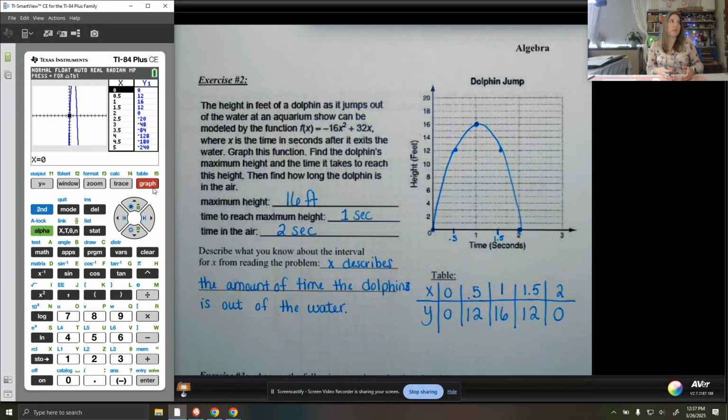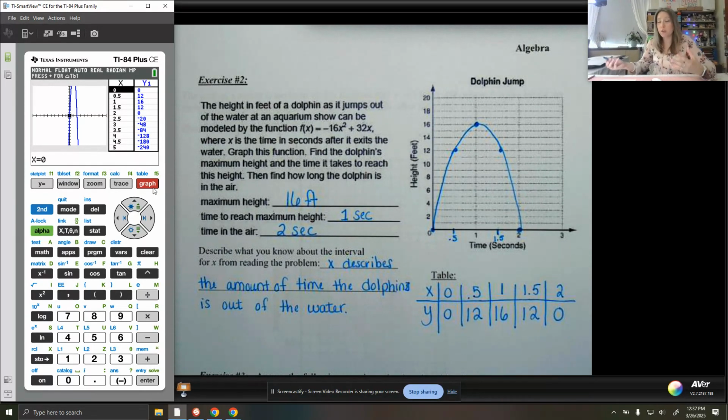In questions like this, it's important to note that what is happening in the problem needs to be directly addressed by what your x and y are measuring. So you need to take context from your reading and be able to describe what your x's are talking about.